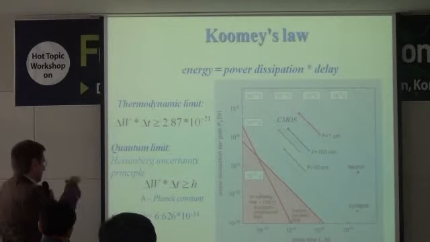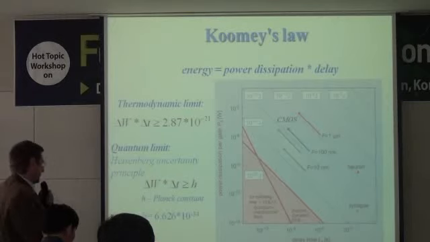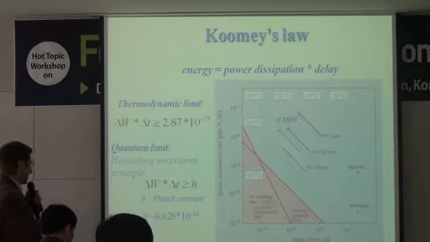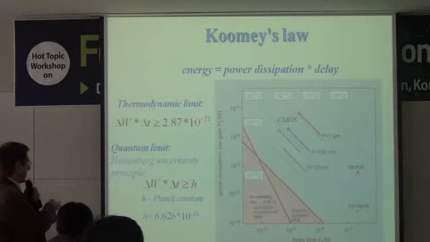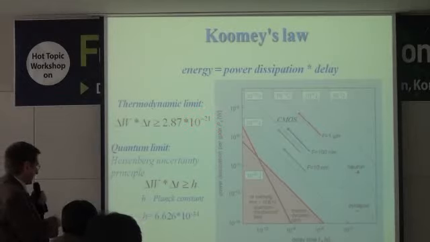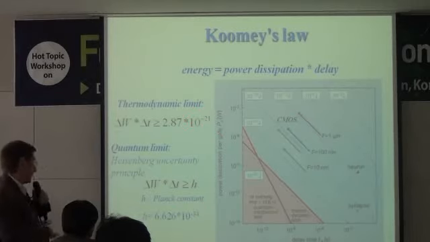To have it in one figure, it is shifted 12 orders of magnitude, because we can see here the limit for the transistor, and here the limit for quantum computing, which is quite a different number.